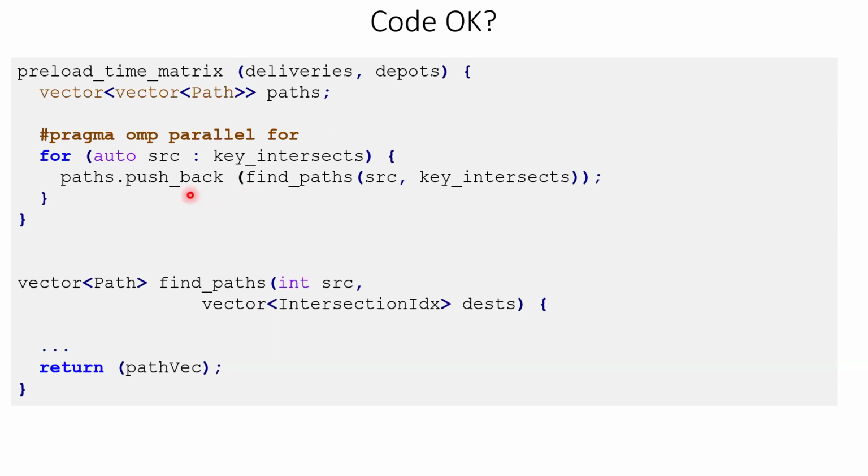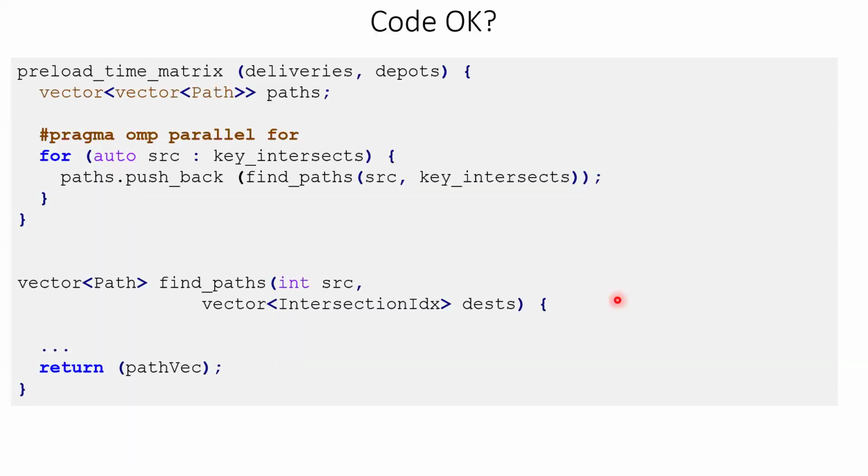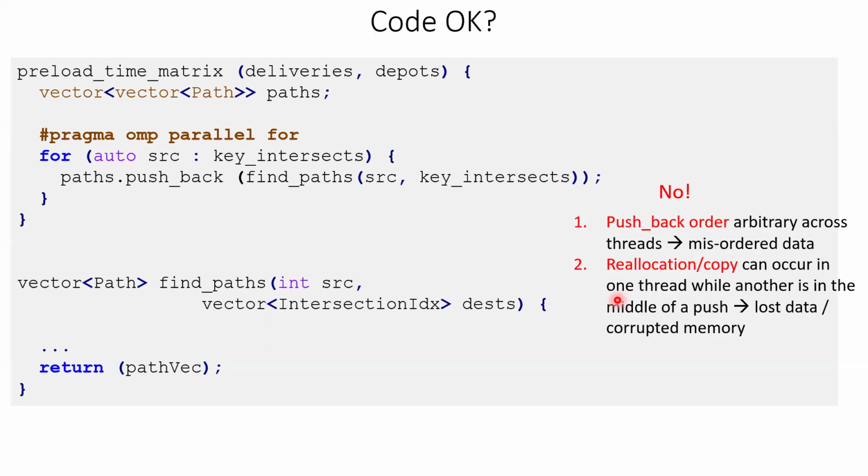Pushback will push to the back of the vector. But remember the matrix, right? You want to keep in mind the index of the from and to. Because it won't push back in the same order as the indexes, this will misorder the data.